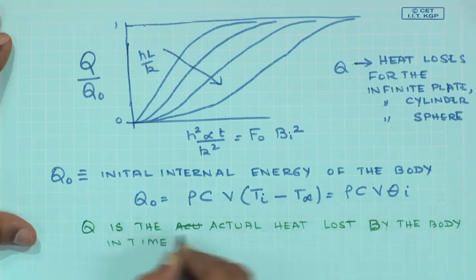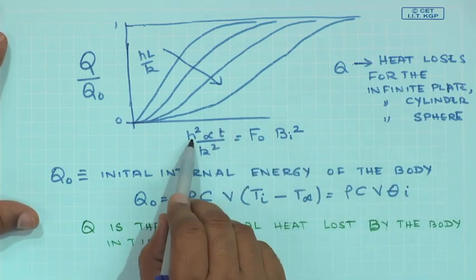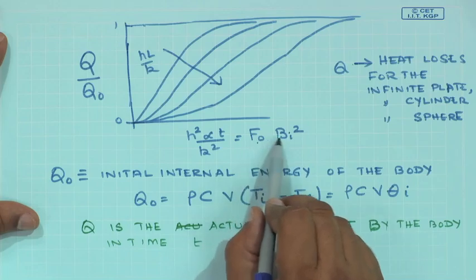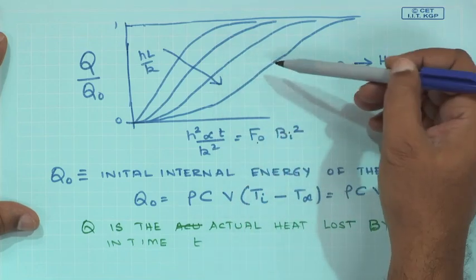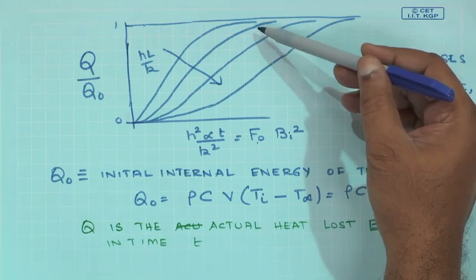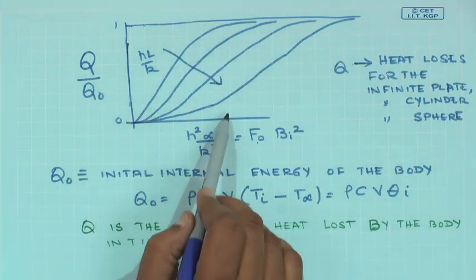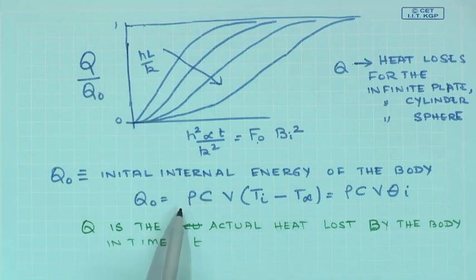So, if you know the time and all the thermophysical properties, essentially if you know the Fourier number and the Biot number, then using these curves corresponding to different values of Biot number, you should be able to calculate Q, since your Q naught is known to you.